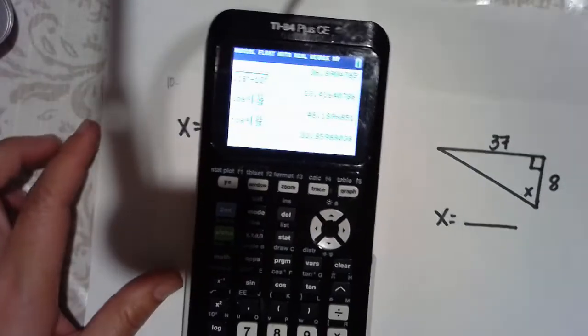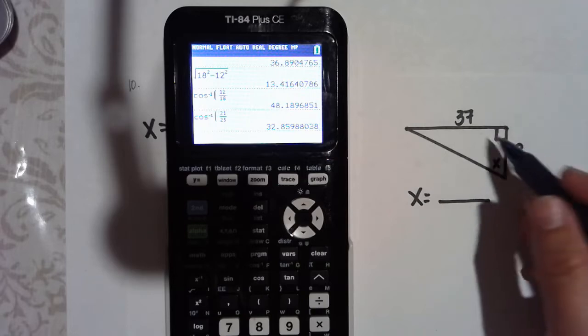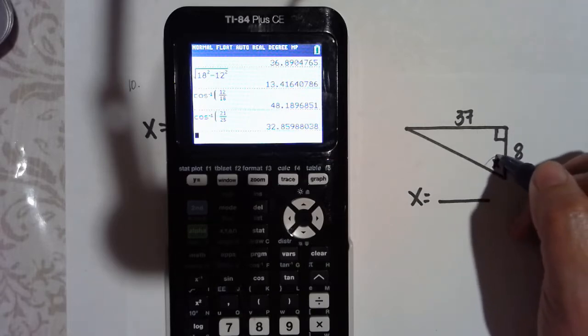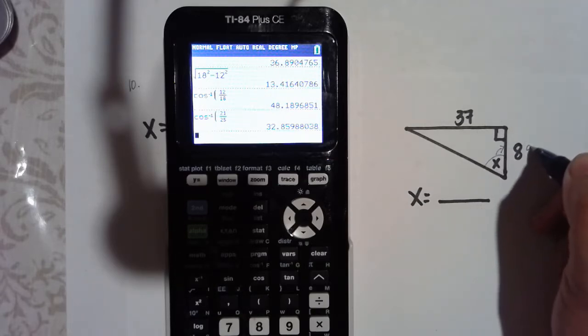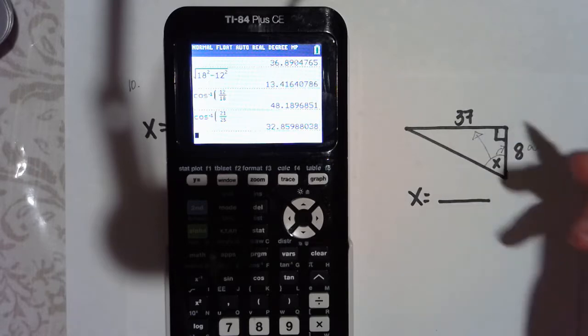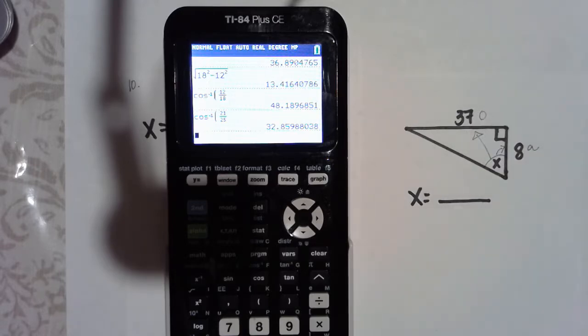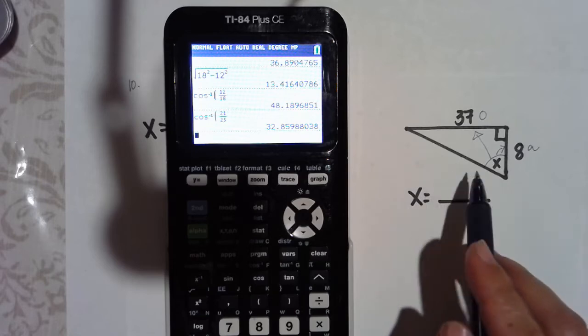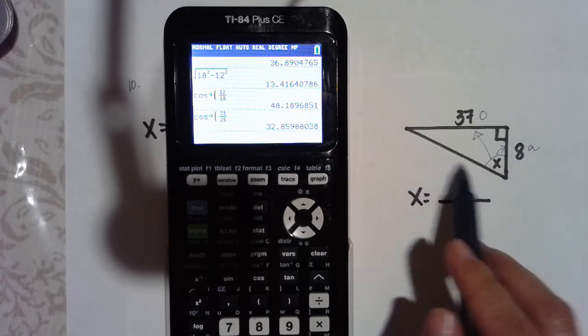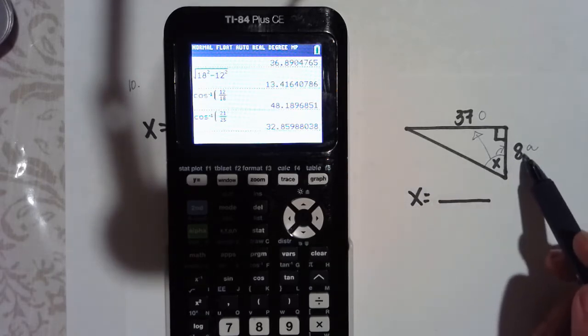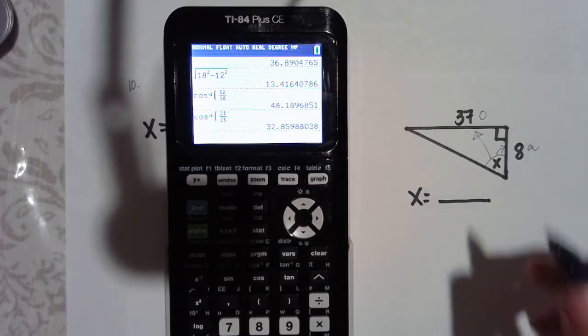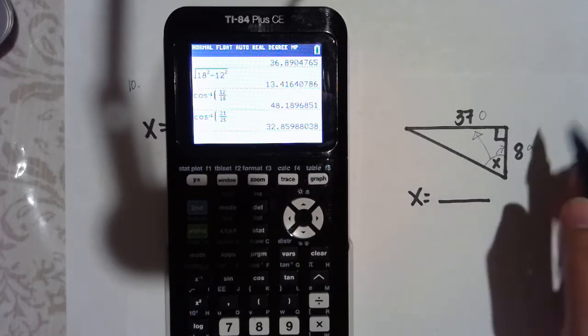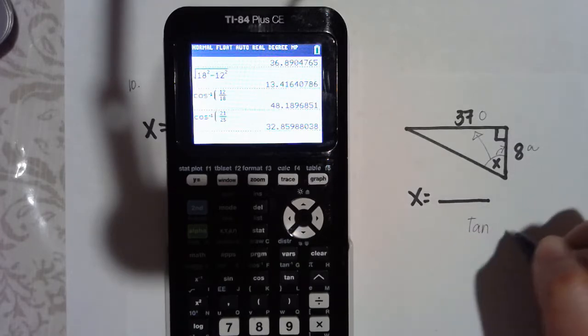Next, on the other side, if this is your reference angle, this will be your adjacent, and this is your opposite. Your hypotenuse is unknown. You don't have to worry about this one since we have two given sides already. So O and A is a tan.